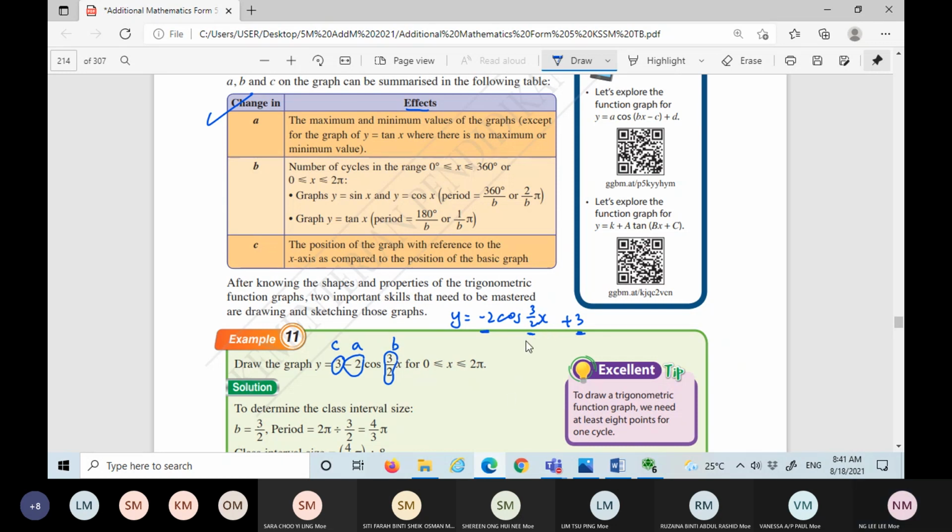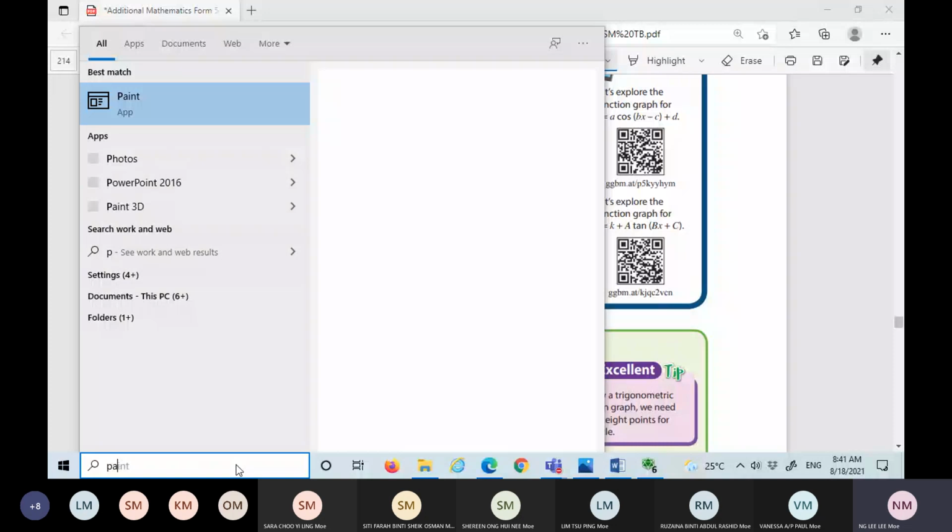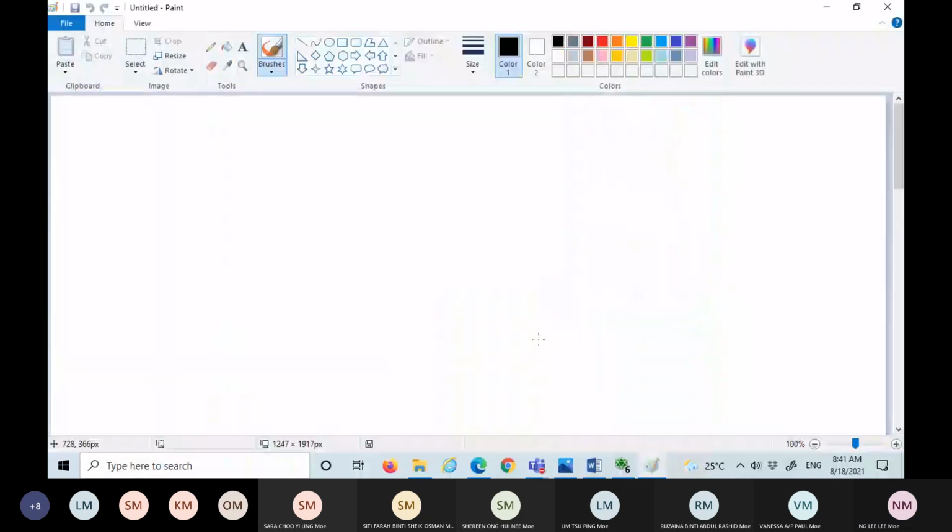So we're going to do it step by step. I try to do it here. This one also, if you want, you can copy as an example.